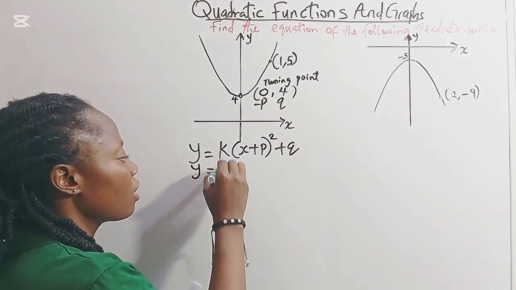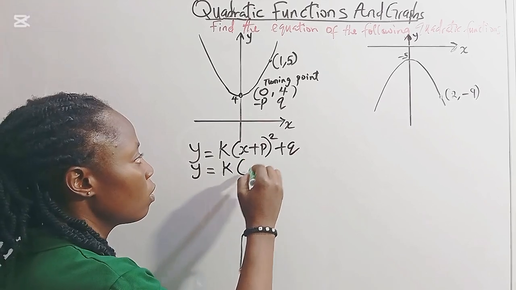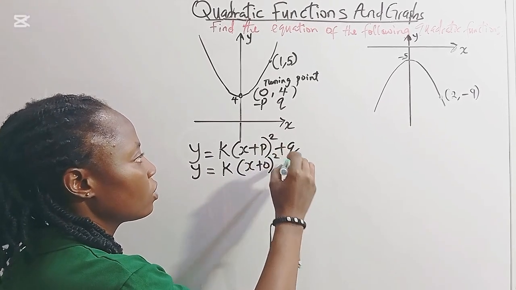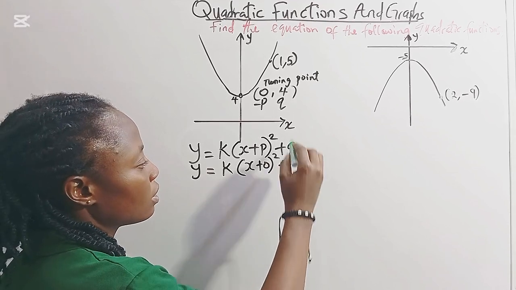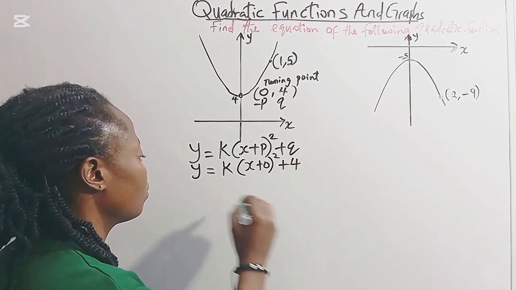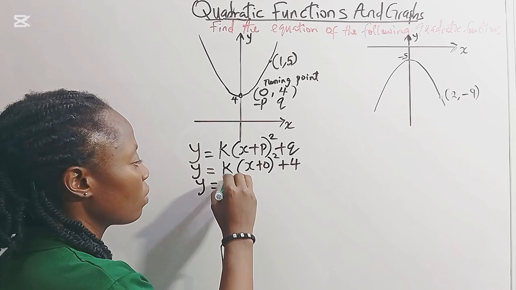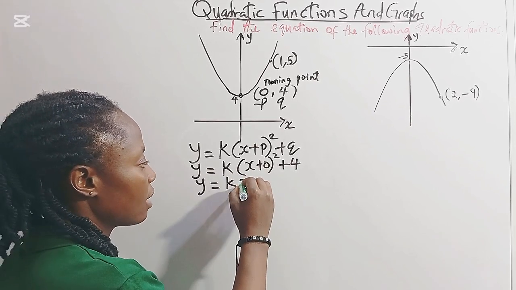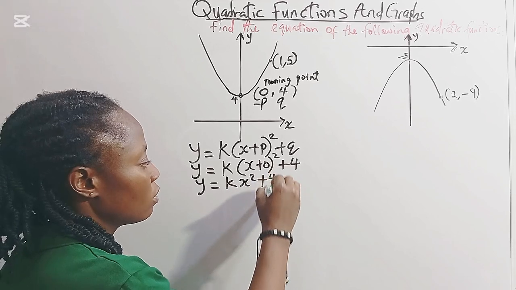So y equals k, open the bracket, x, we have 0 in there, squared, plus our q, which is 4. So we have y equals k, x plus 0 is x, that's x squared plus 4.